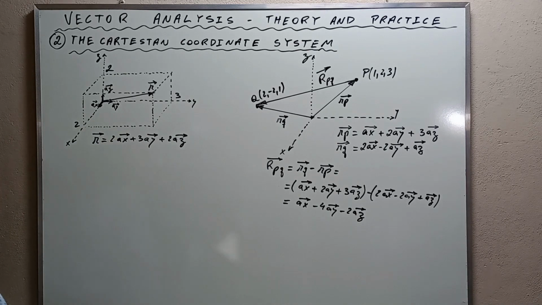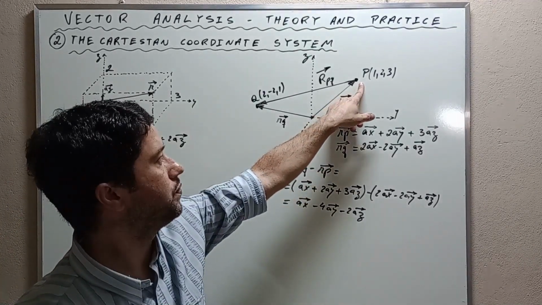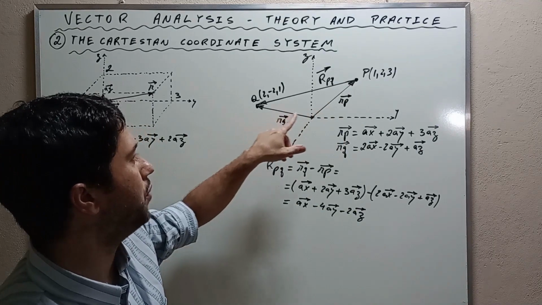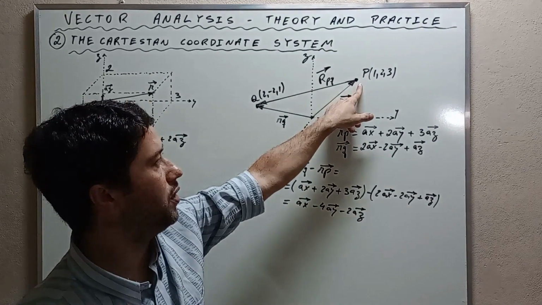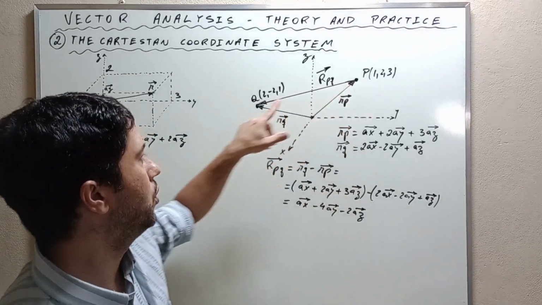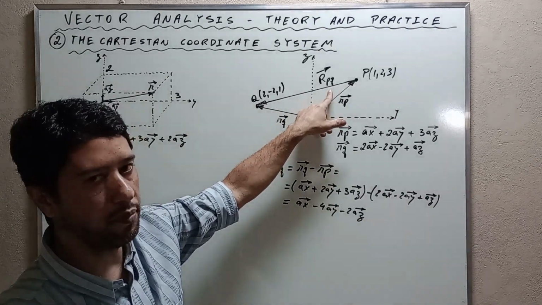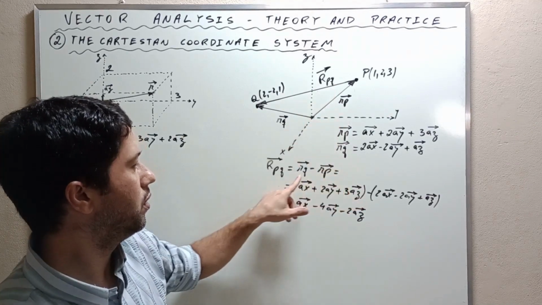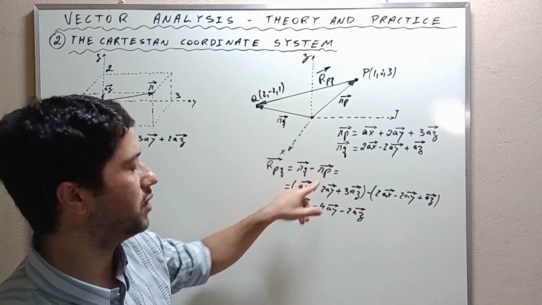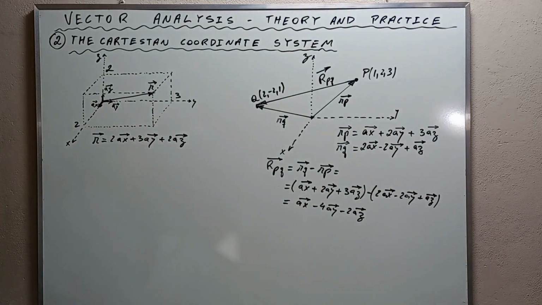This is how we represent vectors from the origin to the point, and subtracting one vector by the other. This vector here is from point P to point Q, and the vector RPQ can be obtained from the subtraction RQ minus RP. Now let's consider components and directions.